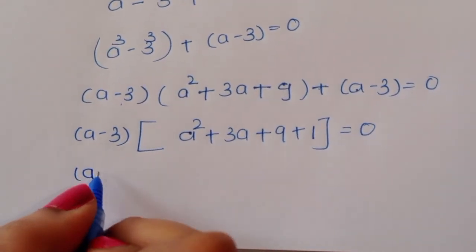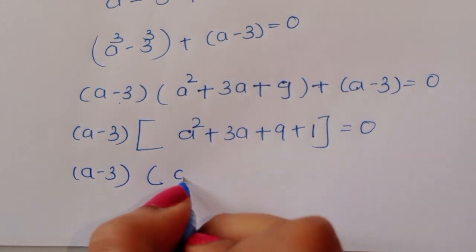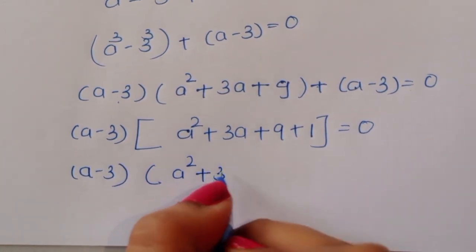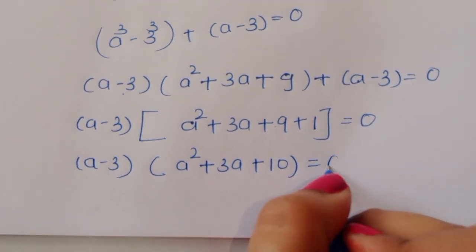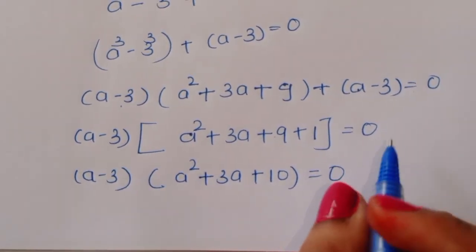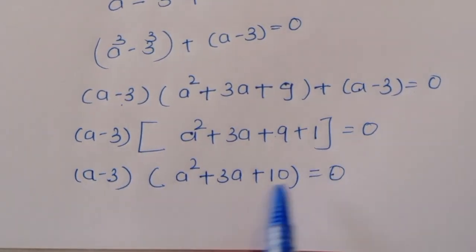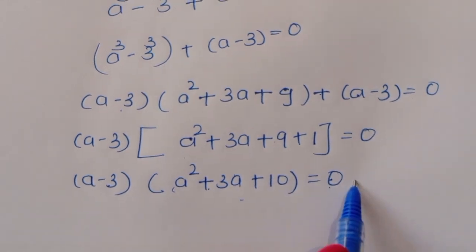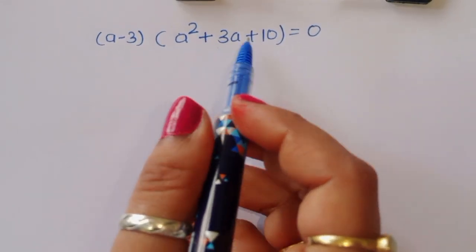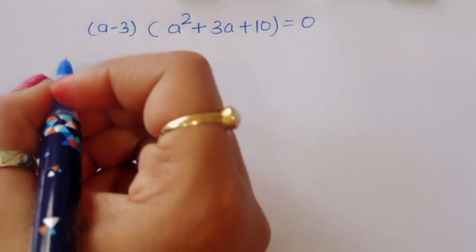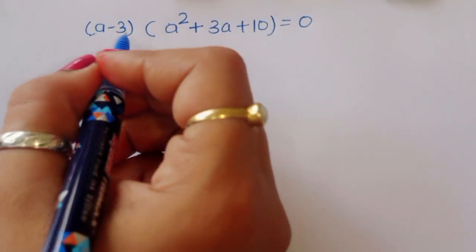Now (a minus 3) times (a square plus 3a plus 9 plus 1, that is 10) is equal to 0. Now we got two equations: a minus 3 equal to 0 and a square plus 3a plus 10 equal to 0.